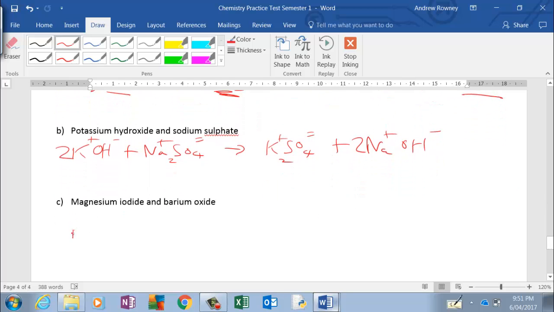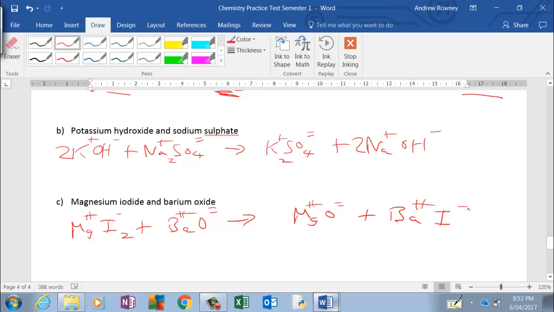And the last one is magnesium iodide and barium oxide, and that will give magnesium oxide and barium iodide. Now this is double plus single minus, that's 2, double plus double minus, double plus double minus, double plus single minus, so that's a 2.